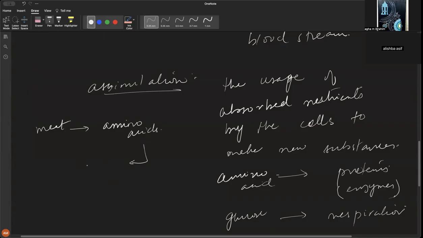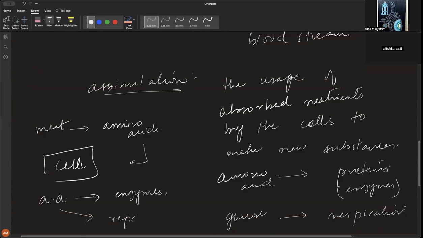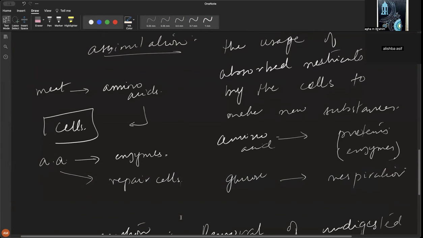From the bloodstream, they went into cells. These amino acids are taken up by the cells. Now cells are going to use those amino acids to make enzymes, repair cells, and muscles. All right, do you understand?